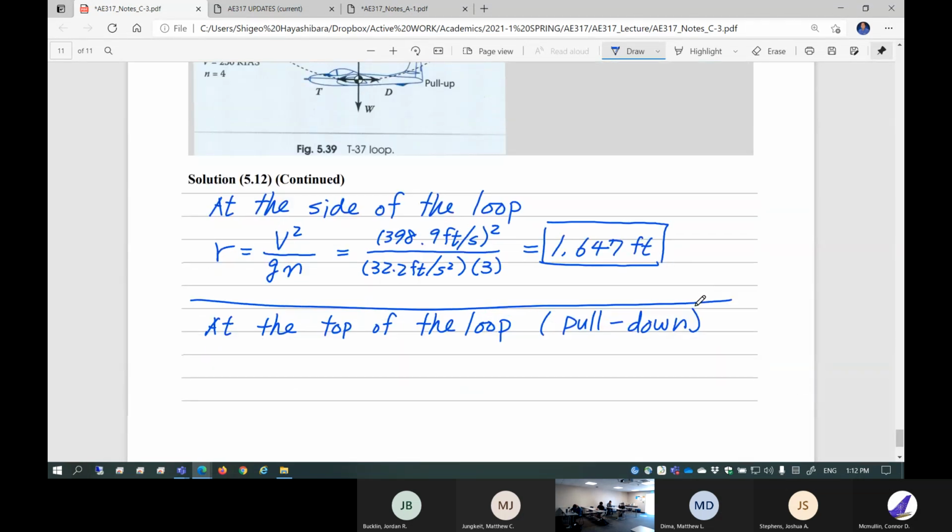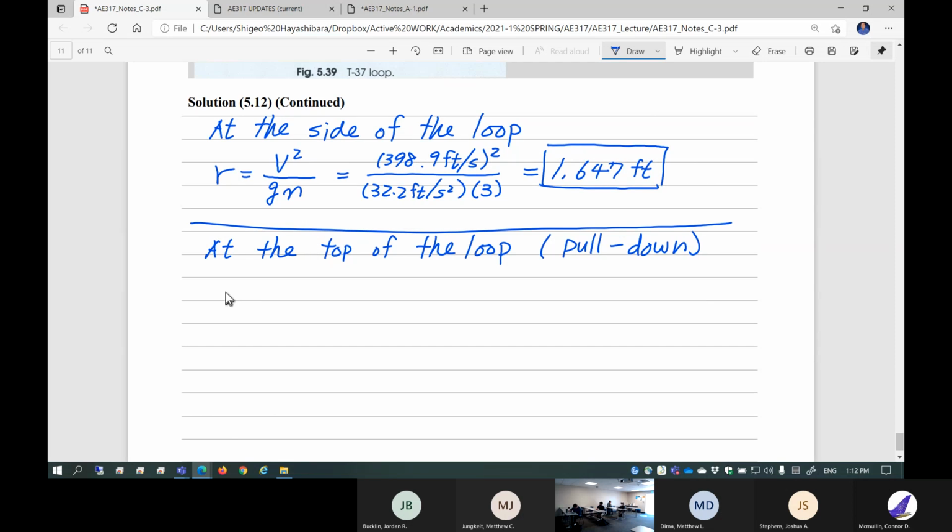So for the pull down, load factor is now 1.5, and the velocity is given as 100 KS. Again, same process. This is 226.97 feet per second.